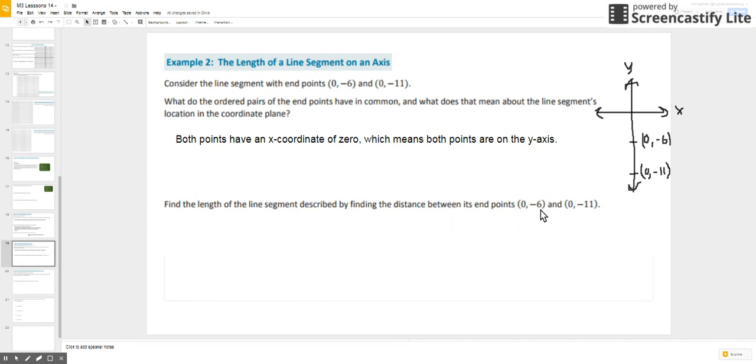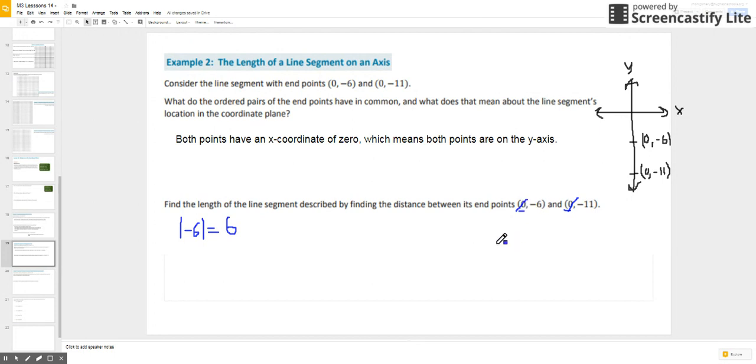Like I said before, the first thing you want to do is get rid of the ones that are the same. So this is the same and this is the same, so we get rid of both of these zeros. All we're concentrating on now is the -6 and -11. Remember, the first thing we need to do is find their absolute values. To find the distance between 2 points in 6th grade, one of the coordinates has to be the same. They don't have to be 0, but they have to be the same.